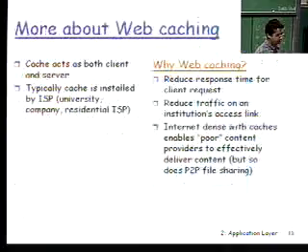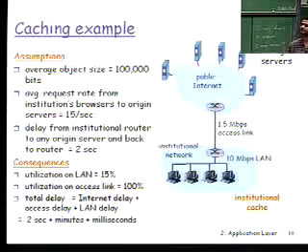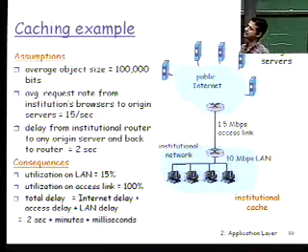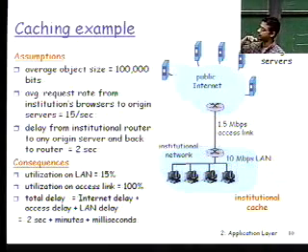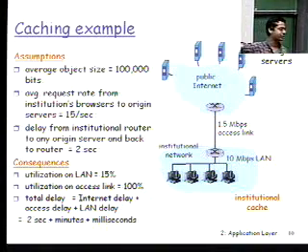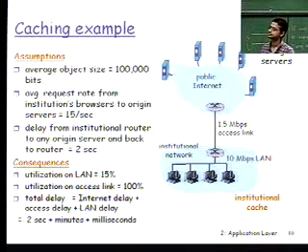So now let's look at the performance benefits of caching. So here you have an example where you have some institutional network. The institutional network is connected to the public internet using a 1.5 megabits per second access link.